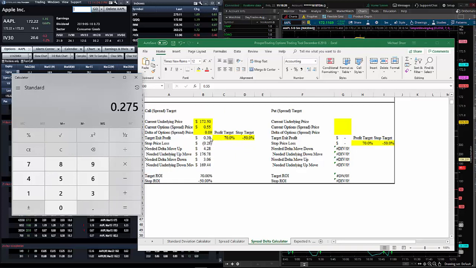So now we have to ask ourselves, if I want a profit of 39 cents or am willing to take a loss of 28 cents, how far of a move do we need to get there? Let's look at the target profit price. That's going to be 39 divided by 9, because we know for every dollar that we move in Apple, this is going to increase in value by 9 cents.